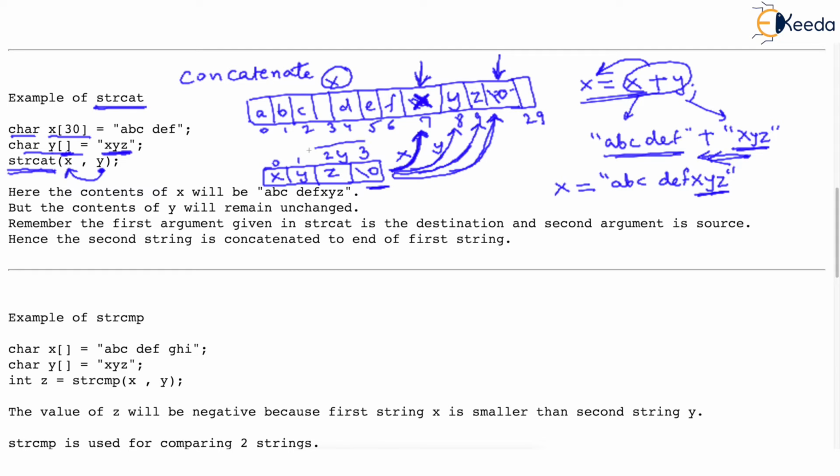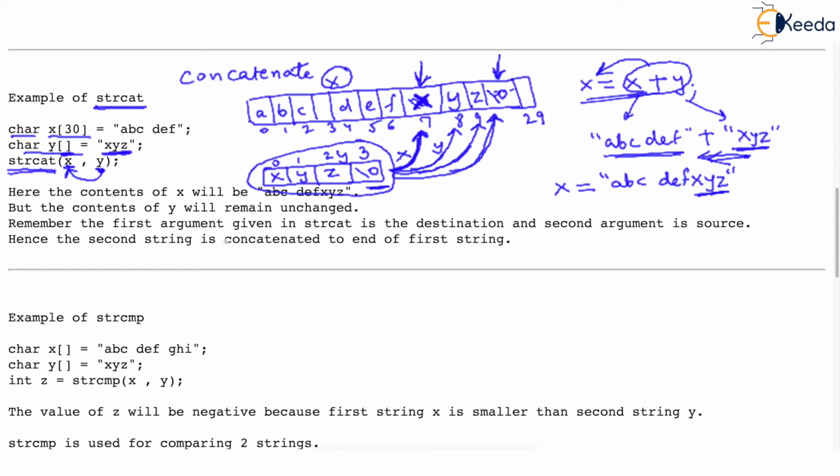Y will remain XYZ. But in the strcat operation, X has become X plus Y. Okay. So this is how the target is given first. Who should change? X should change. So X is given first and the source is given second.